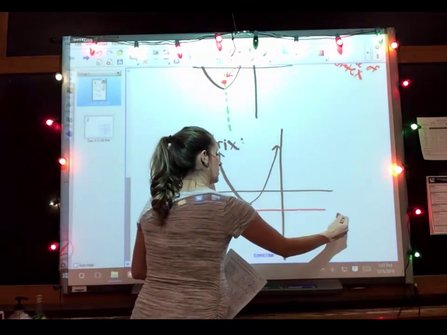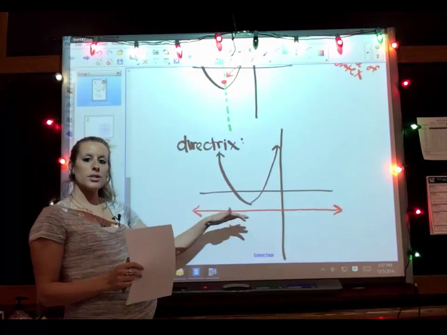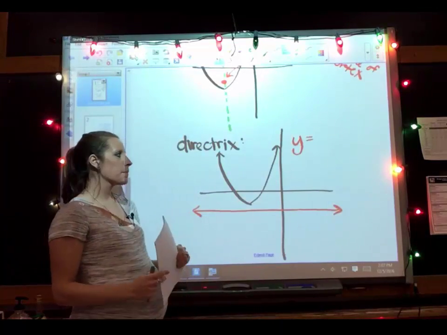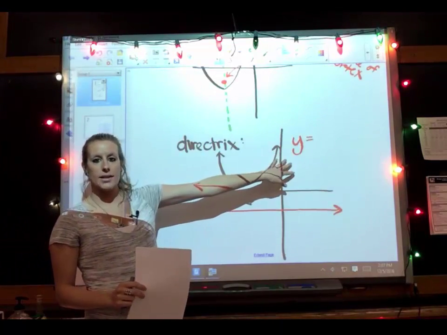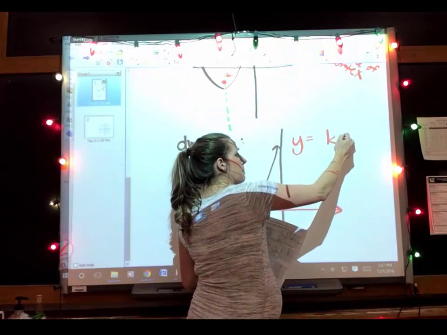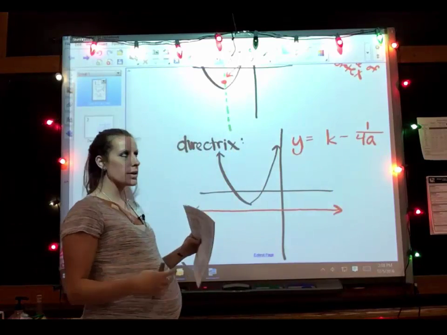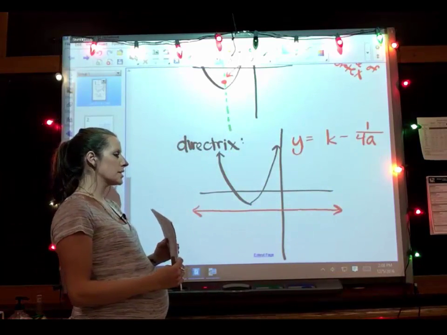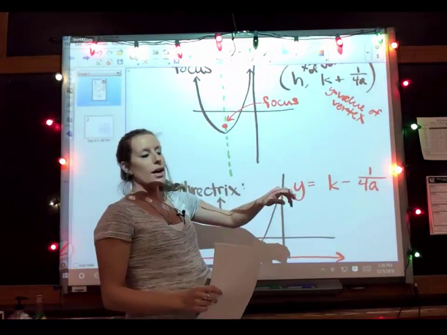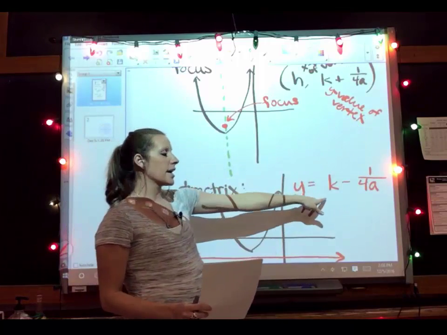It's a horizontal line, like this, which means since it's a horizontal line, it's going to be y equals something. So you have to have y equals, and it's actually going to be y equals k minus 1 over 4a. And we'll go over it more with the examples. But for your focus, the y value is k plus 1 over 4a, and your directrix is k minus 1 over 4a.